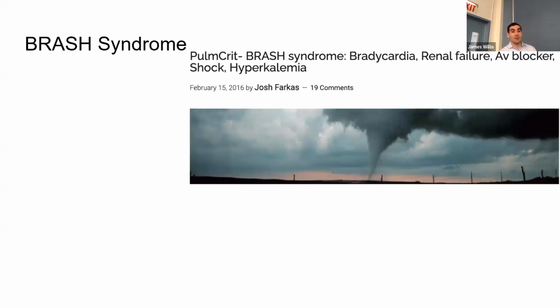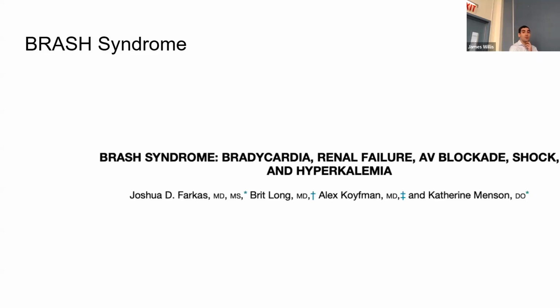In 2016, Josh Farkas published an online PulmCrit article, which I'm sure many of you are familiar with, in which he coined the term BRASH. The first case report was published 3 years later, in 2019. And then in 2020, Farkas et al. published a literature review attempting to combine the scattered physiology, which had been piecewise until then, into a single umbrella term that would describe a unique clinical syndrome.